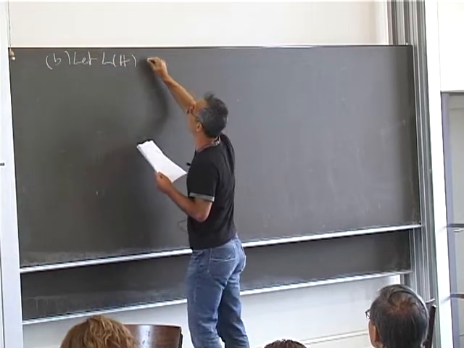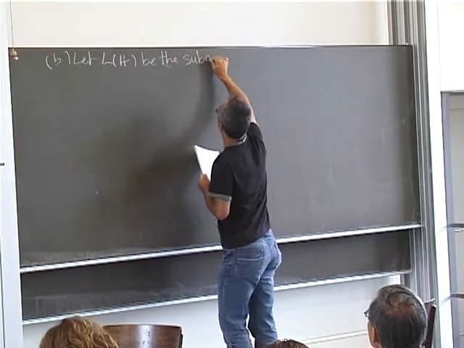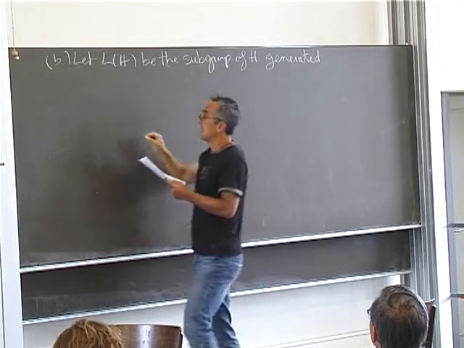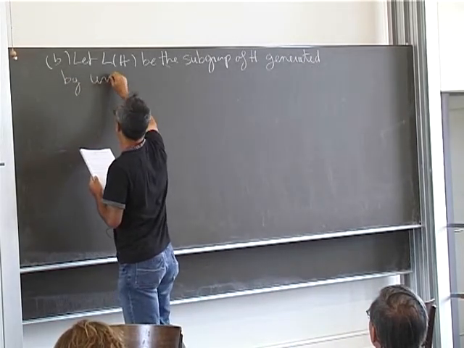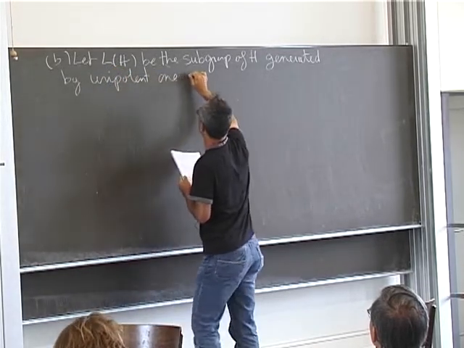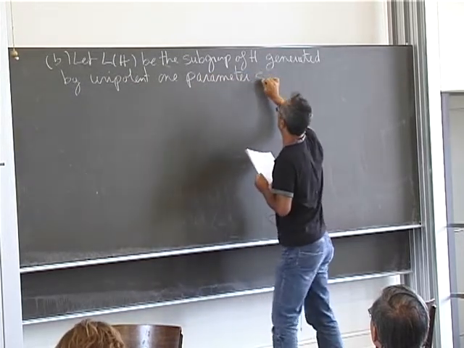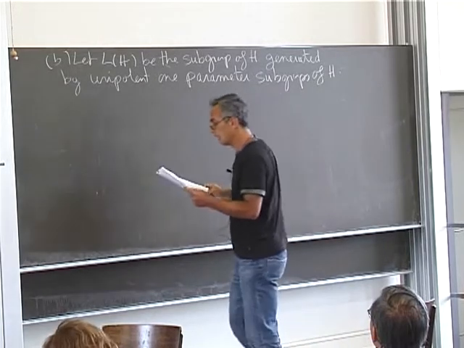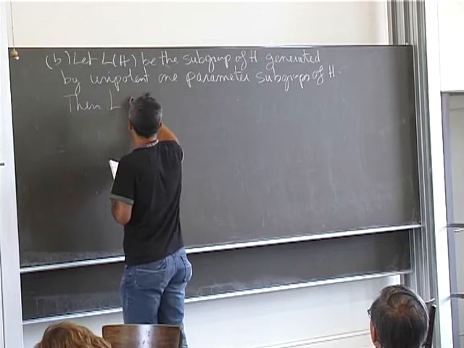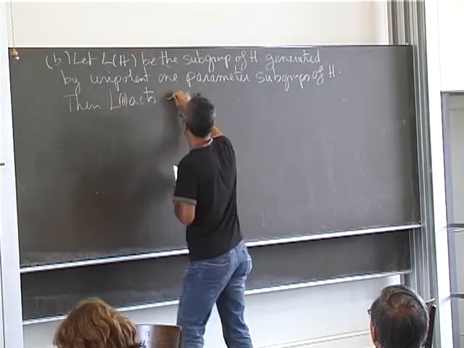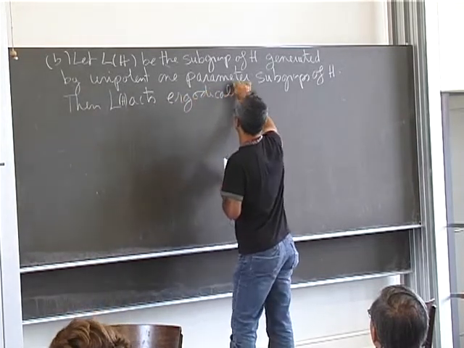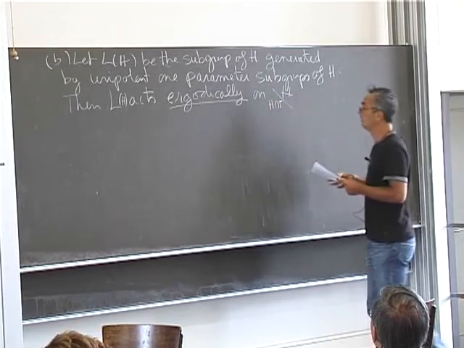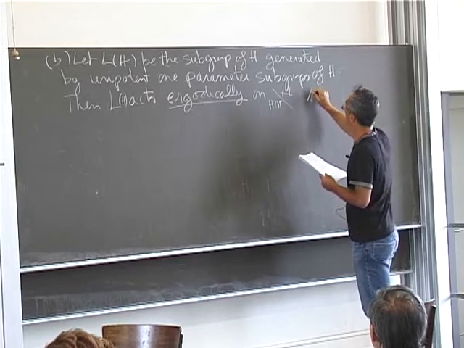Let L of H be the subgroup of H generated by unipotent one parameter subgroups of H. Then L of H acts ergodically on H divided by H intersect with gamma with respect to mu H.